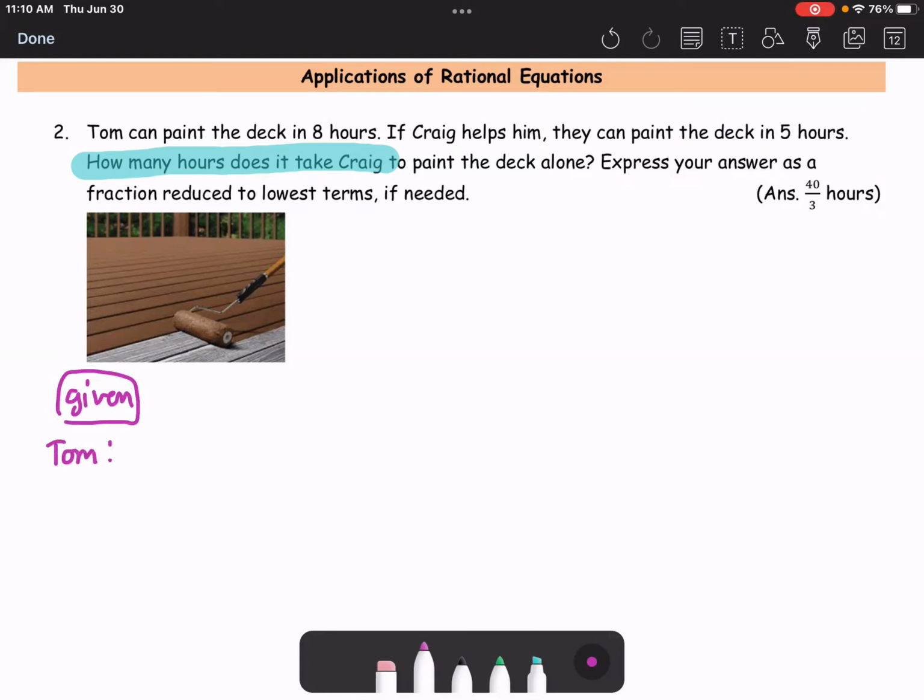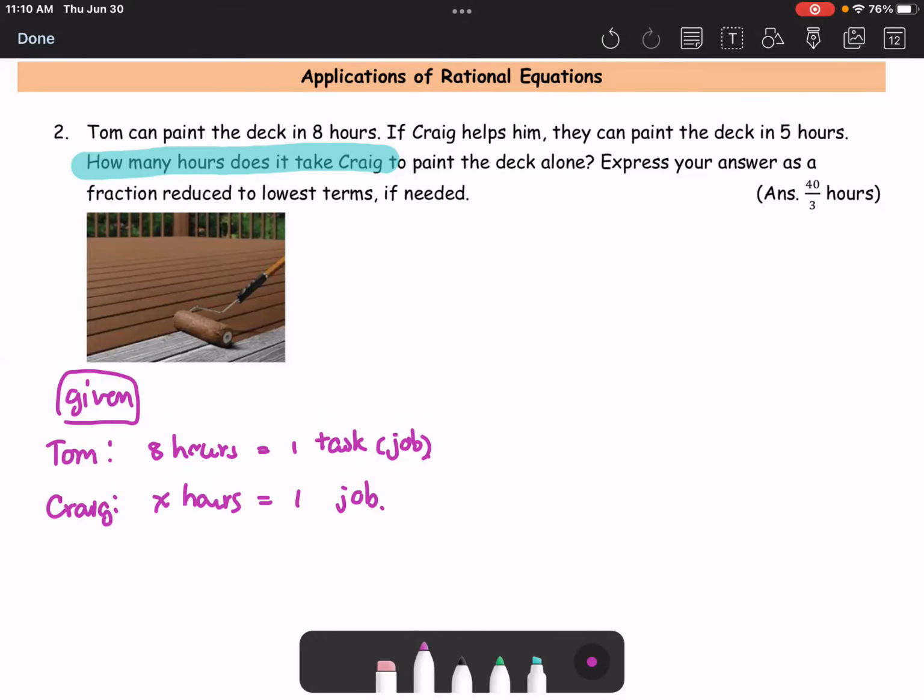The problem asks how many hours it takes Craig to paint the deck alone. For Craig, it's going to be x hours, the number that we are looking for to get the job done. That means alone, Tom takes 8 hours and alone, Craig would take x hours.